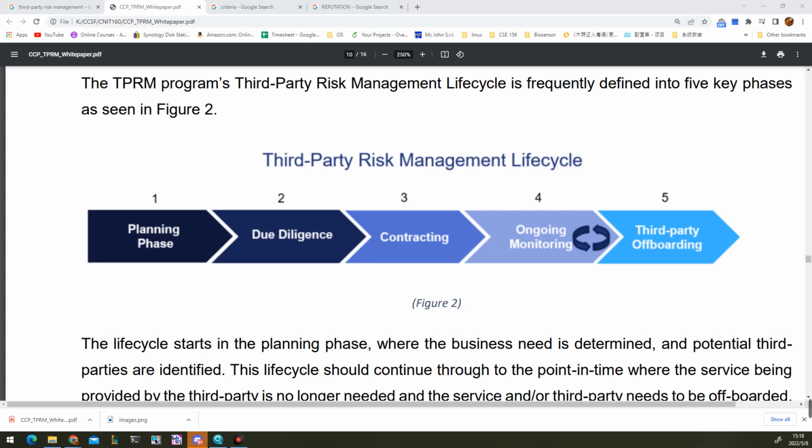And then is corporate and legal compliance risk. The risk we need to consider is: does the third party have the ability to meet local regulatory guidelines which our company is expected to be compliant with?